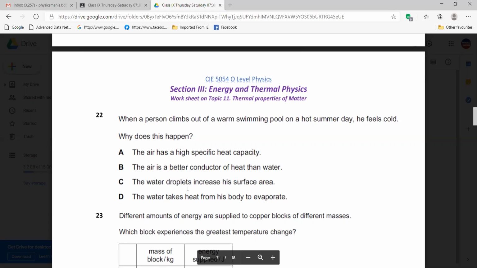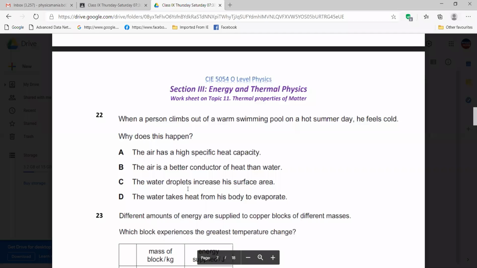Sir, the water takes heat from his body to evaporate. Yes, this one. The water takes heat from his body, that's why he is feeling cold. Yes, sir.